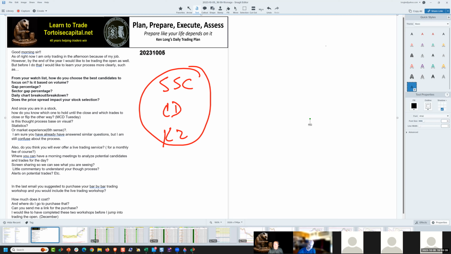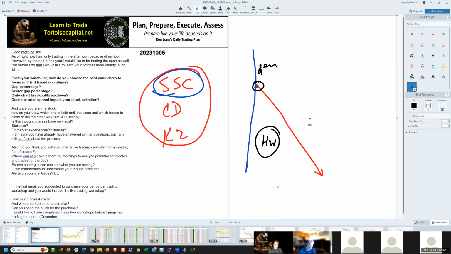From the opening, we are going to wait. We're going to start with the SSC. And what we have to see for the SSC is a move from the opening that meets the criteria of a harsh winter.